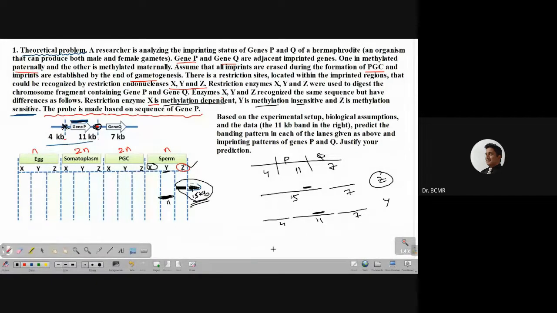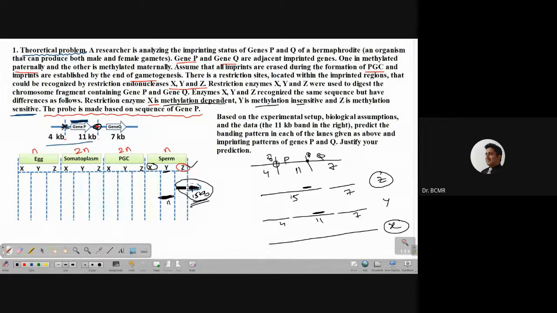And then we have another one, that is this. With X, X is methylation dependent. If you're assuming this is methylated and the question says that one of it is maternally imprinted and the other one is paternally imprinted, we should assume that this is maternally imprinted. So we'll assume then this is paternally imprinted.